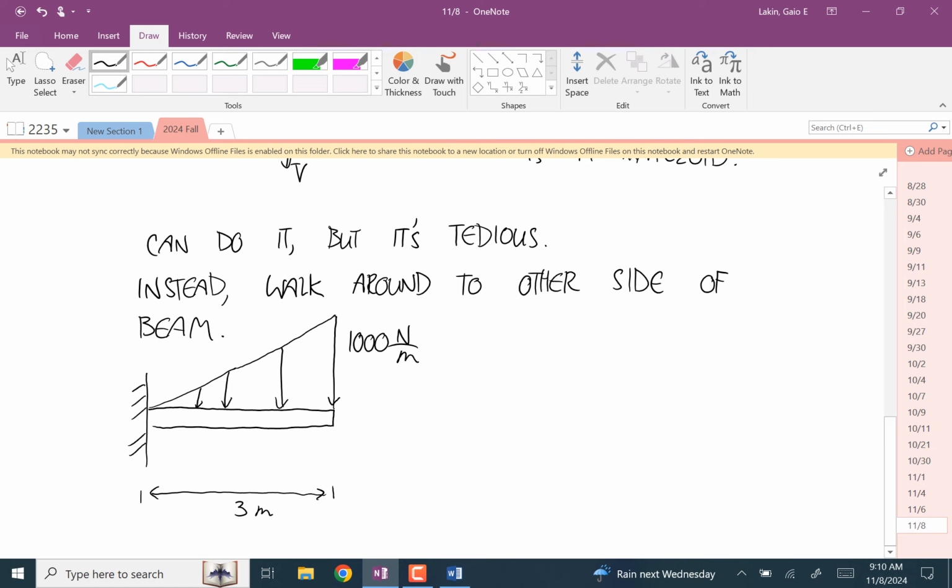And so you can come up with your function, calculate the internal loads at every point along this beam the same way we did before.